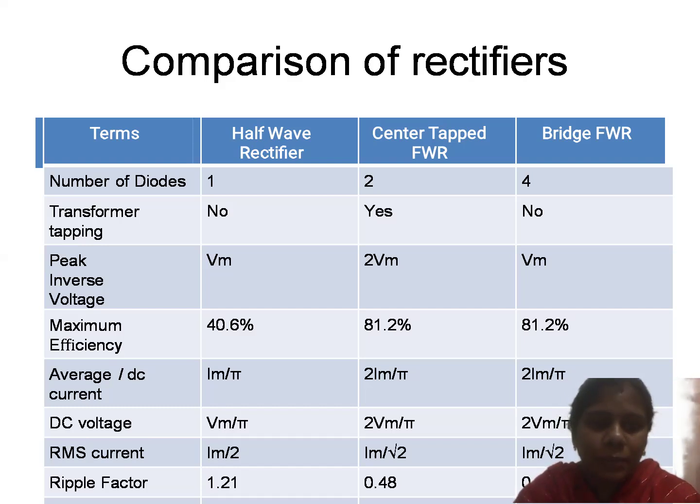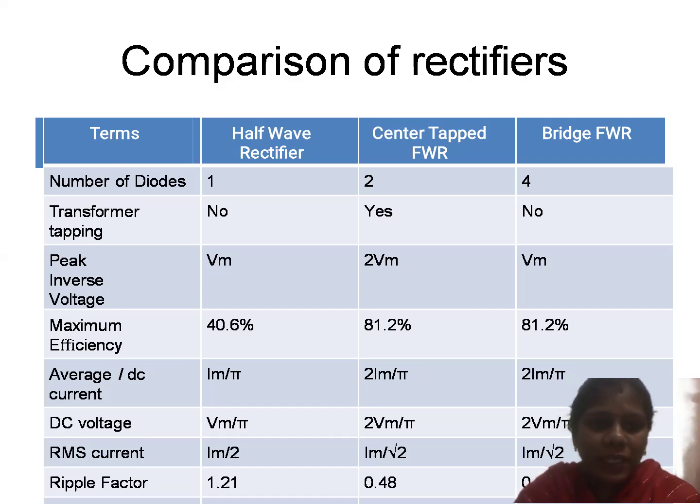Coming to the next parameter, transformer tapping, that is the center tapped transformer. The half wave rectifier doesn't require a center tapped transformer, but the center tapped full wave rectifier compulsorily uses the center tap, as its name indicates. And the bridge rectifier does not use the center tap.